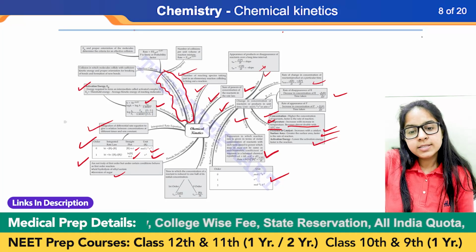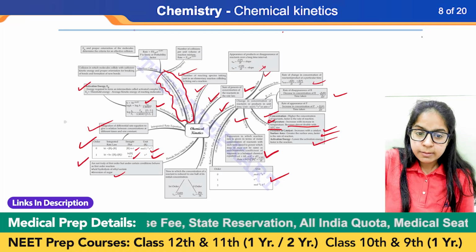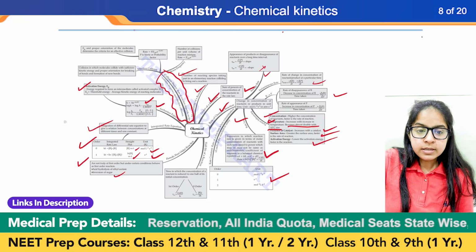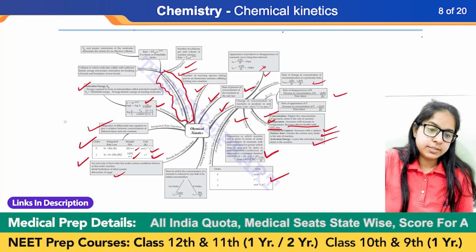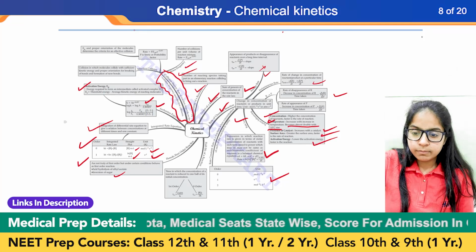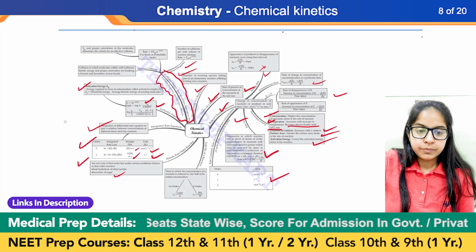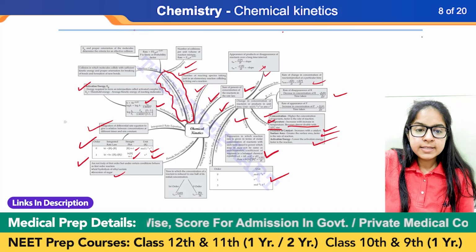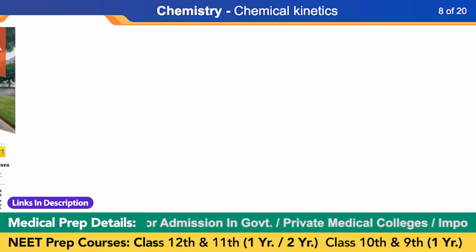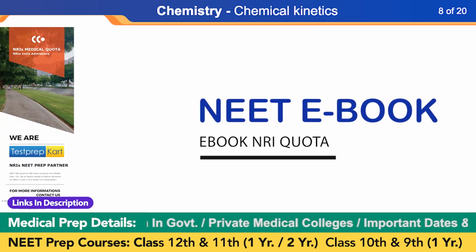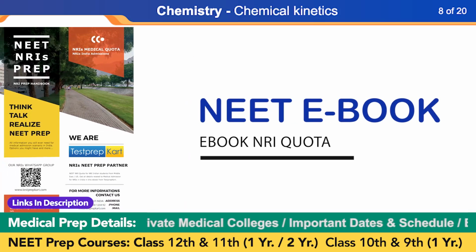The formula for that is rate equals ZAB, the collision between the two molecules, e to the power minus EA by RT.